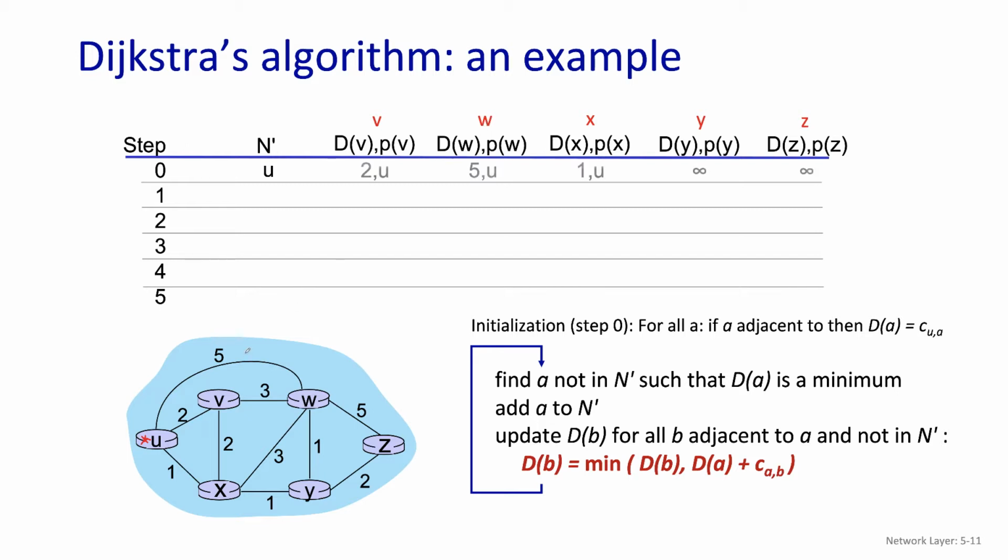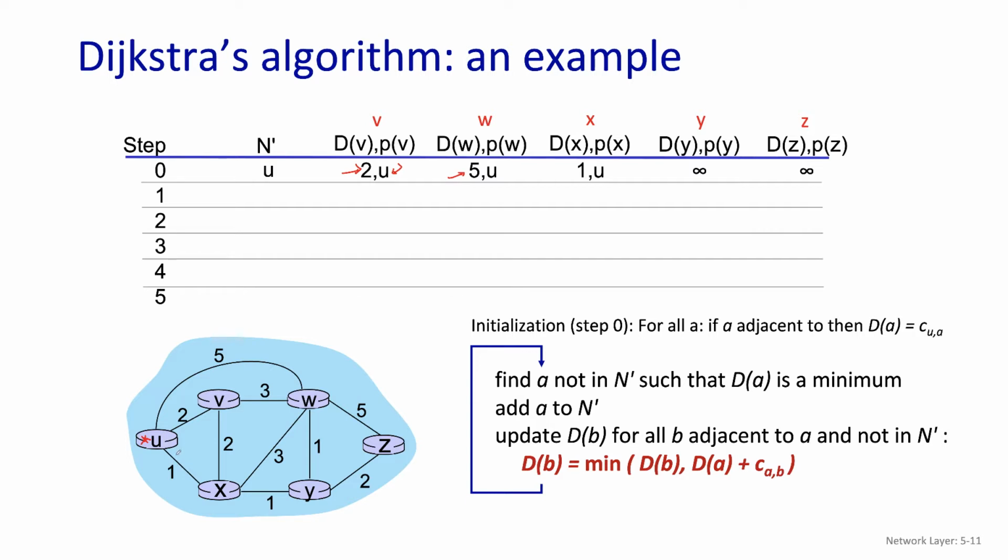So here we can reach V at the cost of 2, and this is through U, right? And we can access W from U with the cost of 5, right?